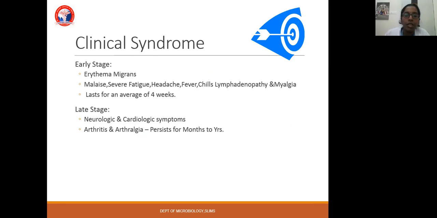In the early stage there can be erythema migrans, malaise, severe fatigue, headache, fever, chills, lymphadenopathy, and myalgia, and it lasts for an average of about 4 weeks. In the later stage, there can be neurological or cardiac involvement, and there can be arthritis.